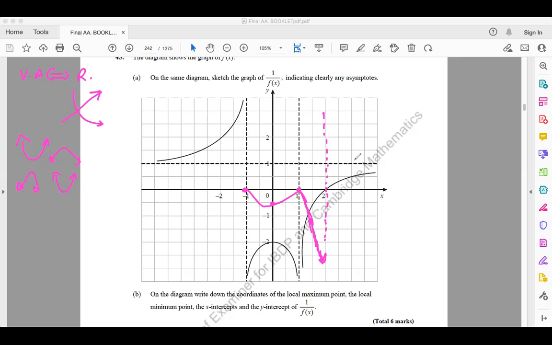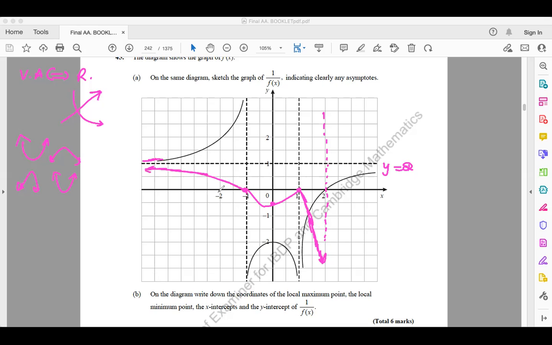Here, if you've got a function with a horizontal asymptote already, its reciprocal will also be the same, because y equals 1, if you take the reciprocal, becomes y equals 1 itself. If I have y equals 2, then your horizontal asymptote will become y equals 1 by 2. This side, you can see the minimum value it was approaching was 1. In the reciprocal function, the maximum value it approaches is 1.